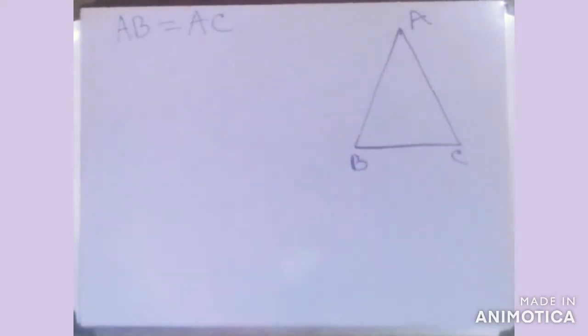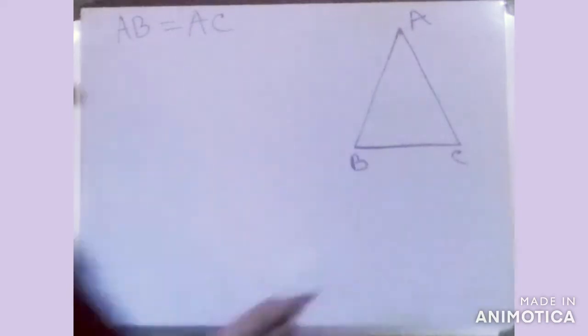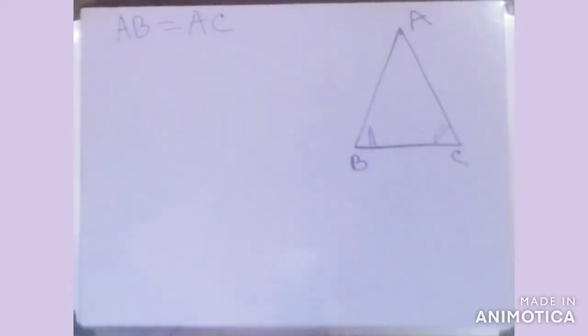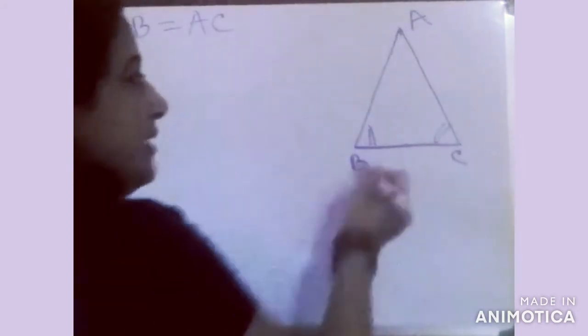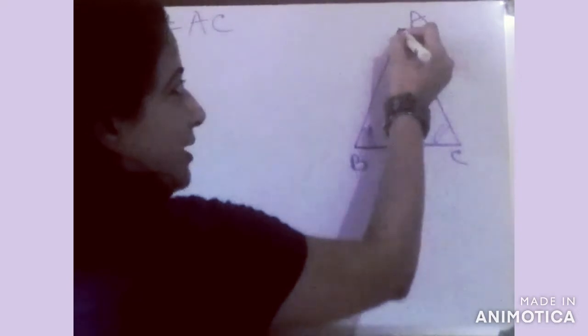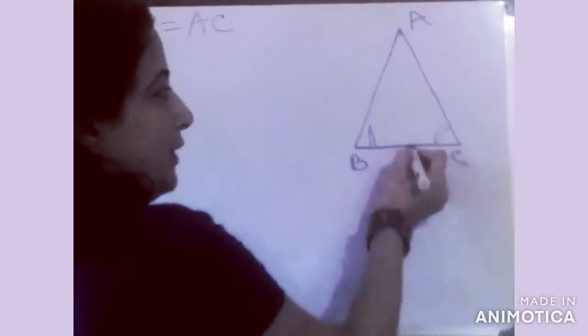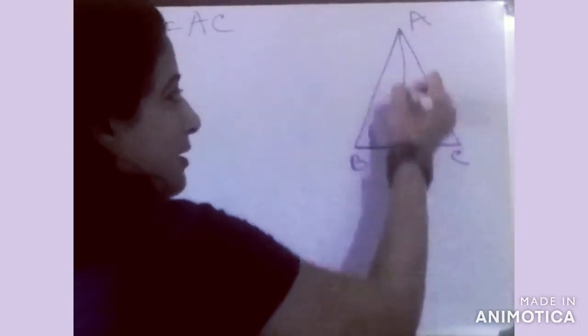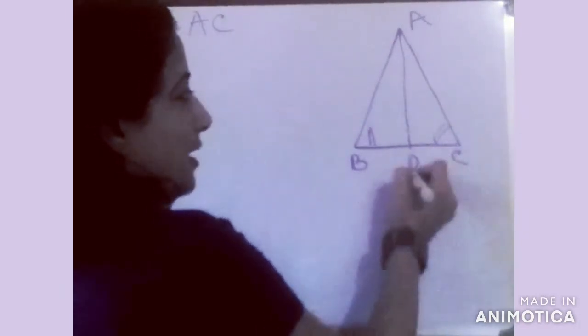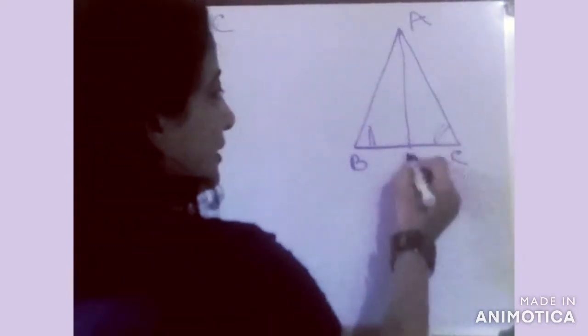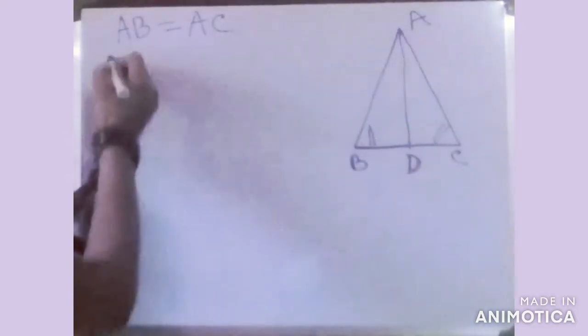Now, to prove that this angle is equal to this angle, we will draw a straight line from the point A that will join with the midpoint of the side BC.